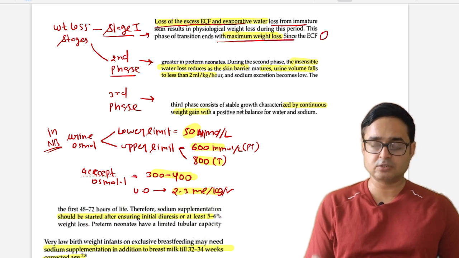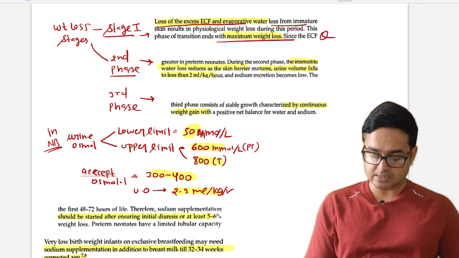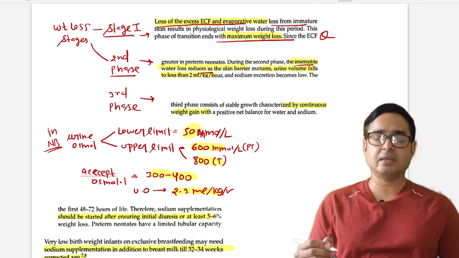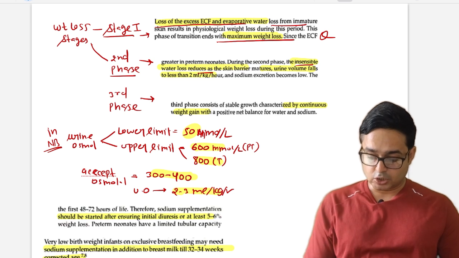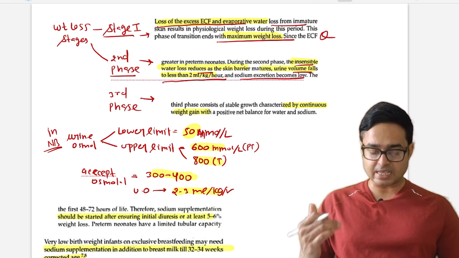So this stage is of maximum weight loss. Second phase, in this phase, insensible water losses reduce as skin barrier matures, urine volume falls to less than 2 ml per kg per hour, and sodium excretion also becomes low. So this is second phase.